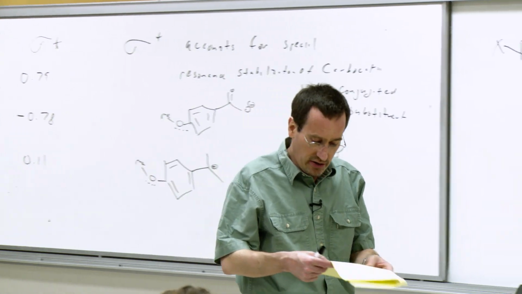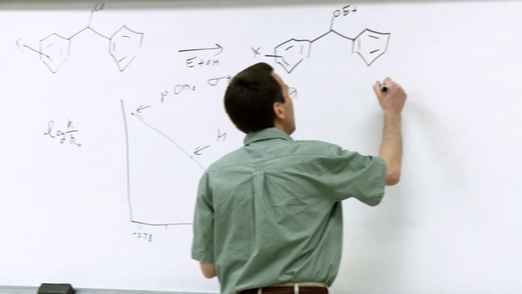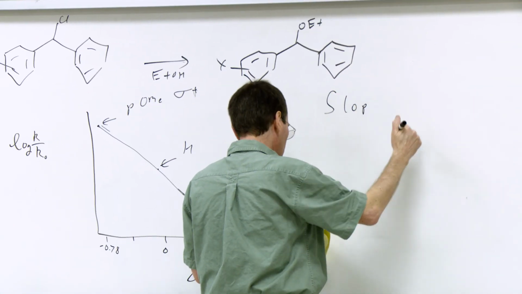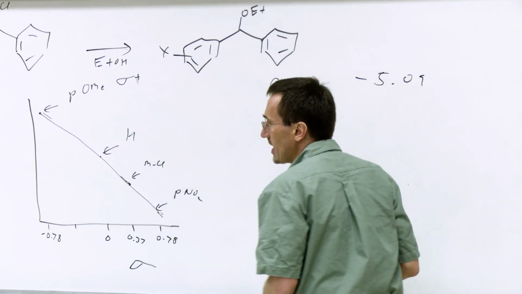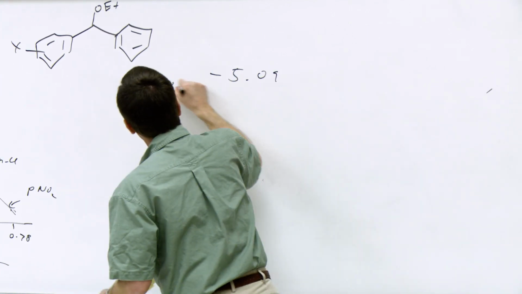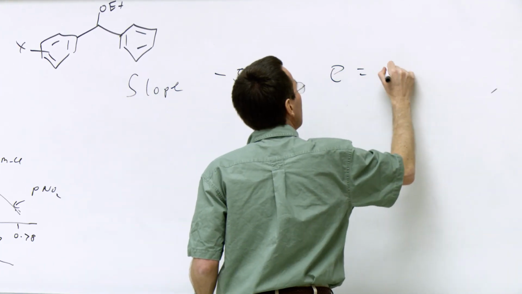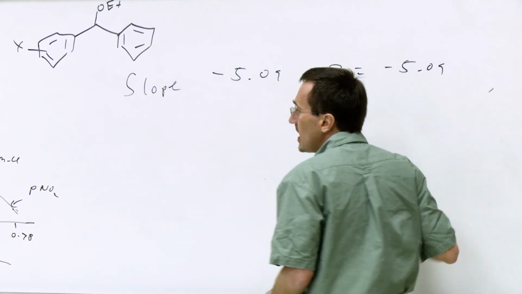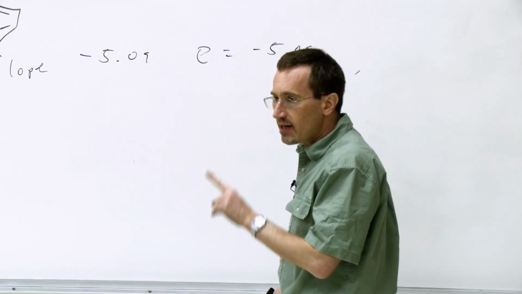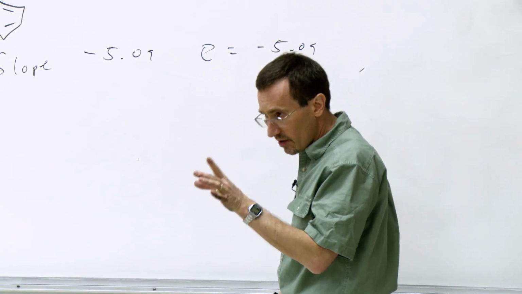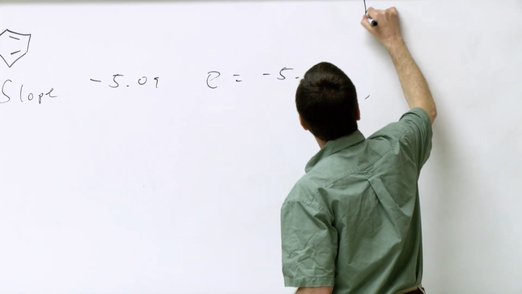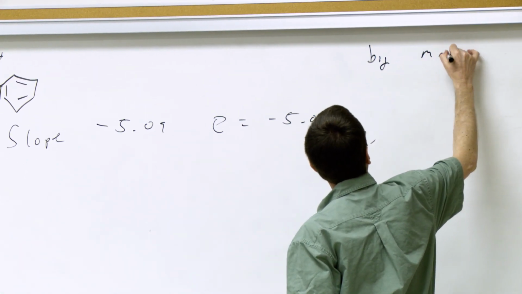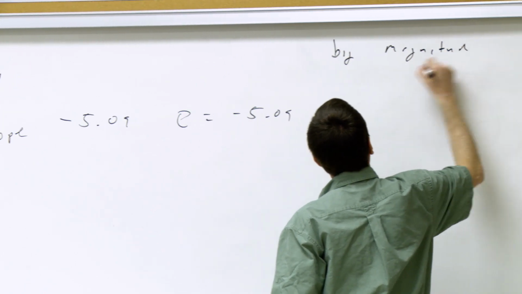The other thing that you're going to have to trust me on is that the slope, as measured for this, is negative 5.09. In other words, rho equals negative 5.09. And that's significant because the magnitude of the number is big and the slope is negative. So, big magnitude and negative.